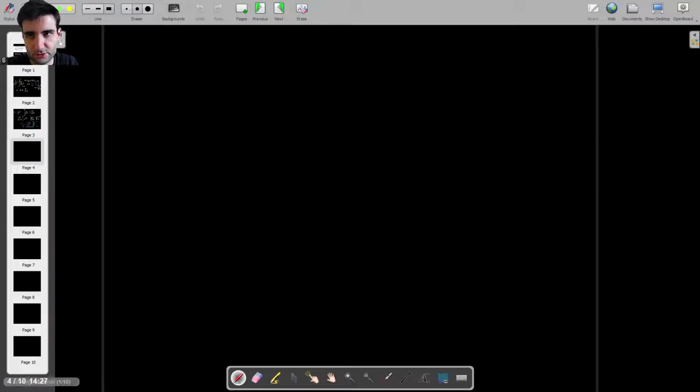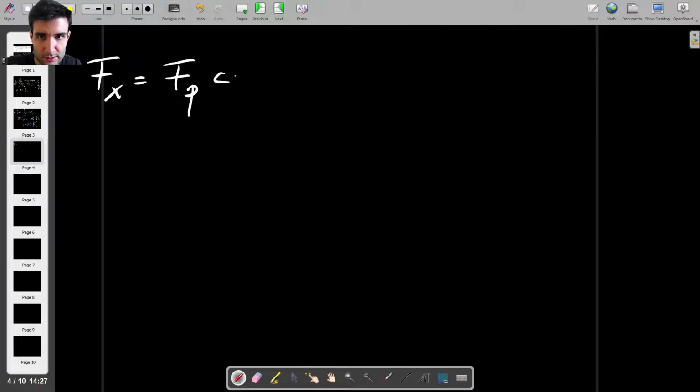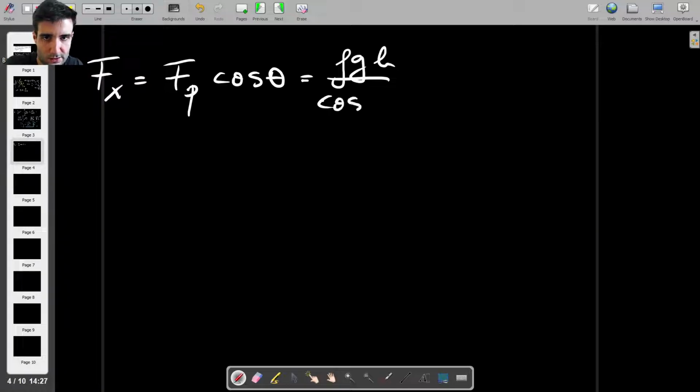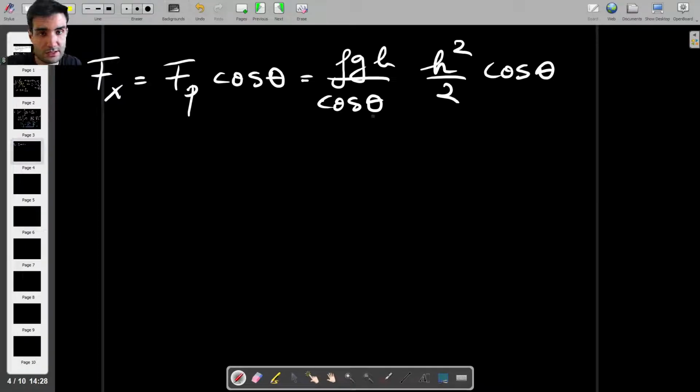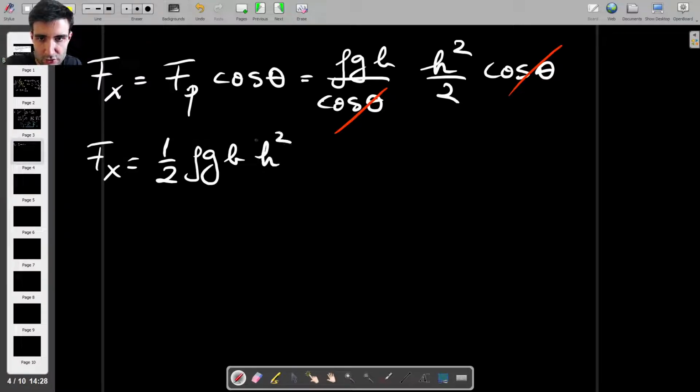So Fx, the horizontal component of this force, is equal to FP multiplied by cos theta, which is rho g b over cos theta multiplied by h squared over 2 cos theta. The cosines cancel out, which gives us that Fx equals 1 over 2 rho g b h squared.